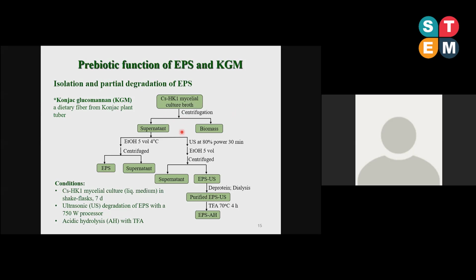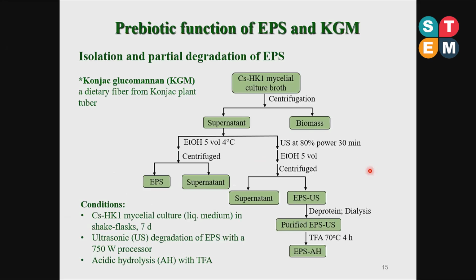After we isolate the polysaccharide using ethanol precipitation, we use 2 ways to treat it. The polysaccharide has a high molecular weight. We use power ultrasound or acid degradation to lower the molecular weight of the polysaccharide so that we can generate lower molecular weight fractions of these 2, EPS and KGM.